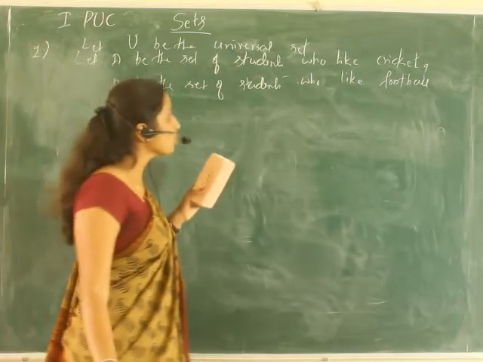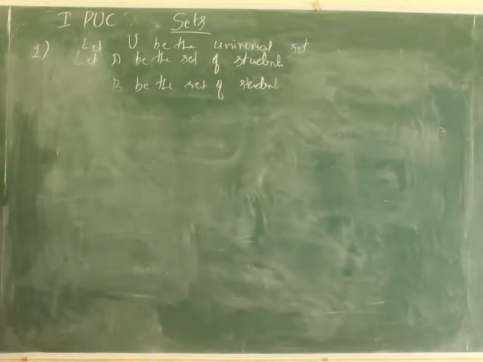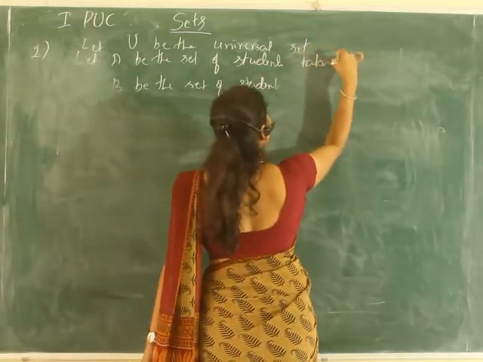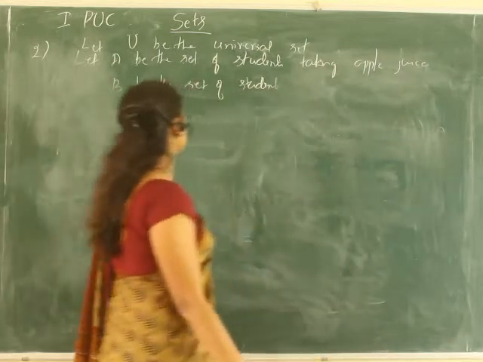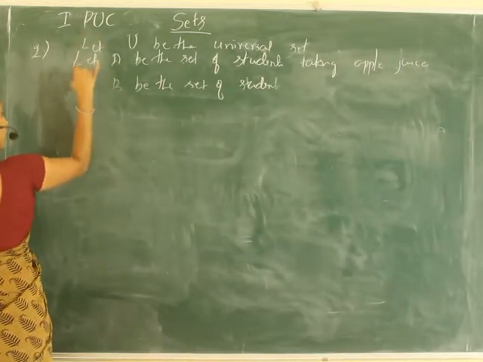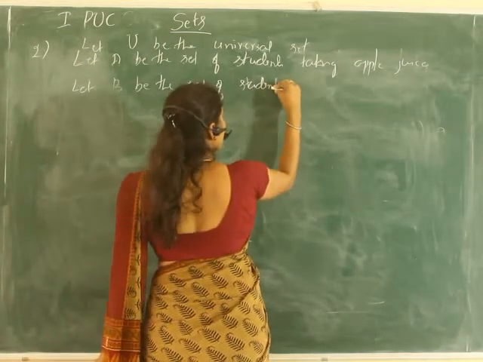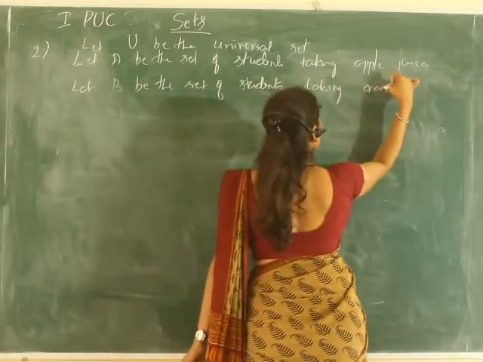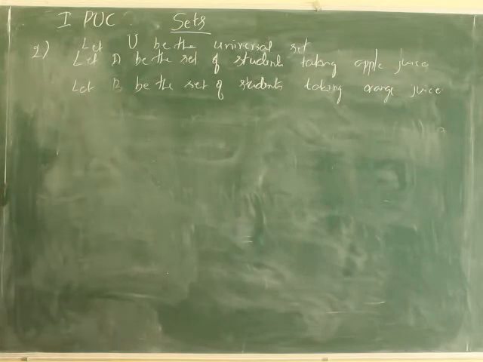Let A be the set of students taking apple juice, and let B be the set of students taking orange juice. So first we have to consider what is A, what is B, and what is U.